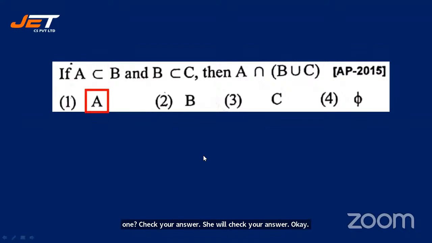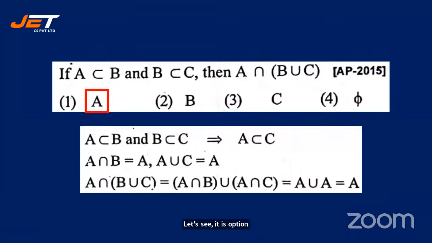It is option 1, that is A. How? Just see the answer. A is a subset of B and B is a subset of C, which means A is a subset of C, isn't it? Right. Now we have A intersection B. What is A intersection B? It is nothing but A. What is A union C?